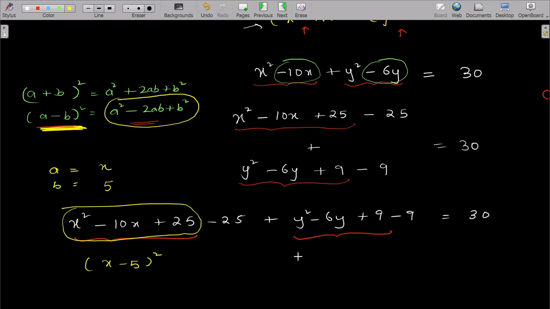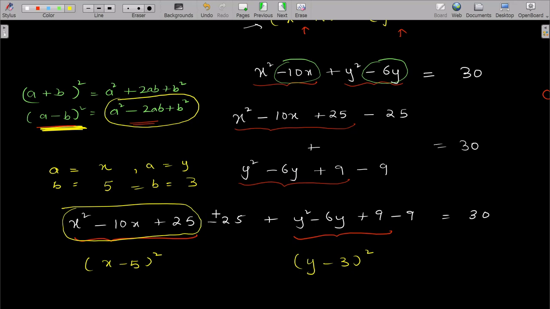A is equal to y. Perfect. And B is equal to 3. Perfect. So can you tell me the whole square term for this? Would it be y minus 3 squared? Perfect. y minus 3 whole square.